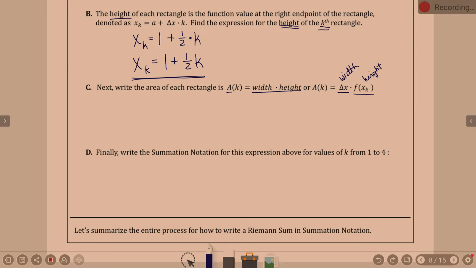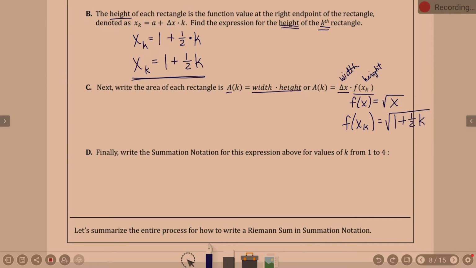In this particular problem, what is f of x? F of x was square root of x, correct? That was provided. So, what is f of x sub k going to look like? Besides something kind of ugly. Some variation of square root of 1 plus 1/2 k.